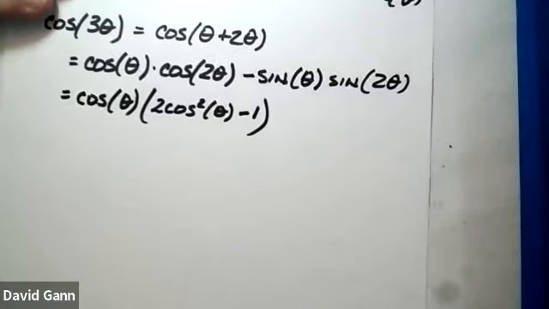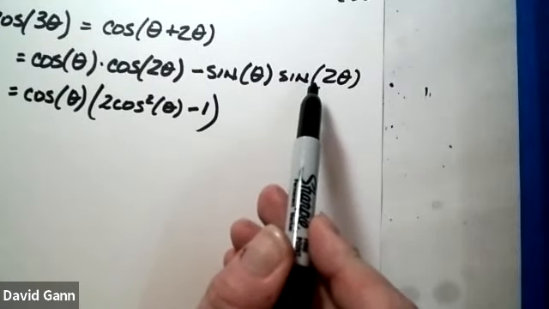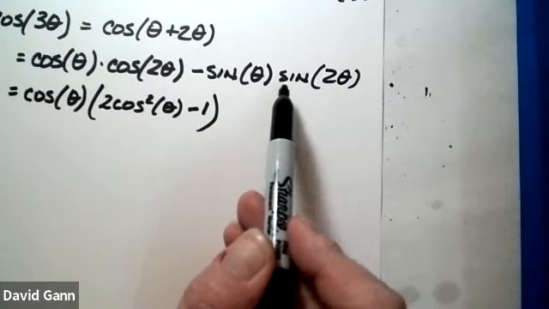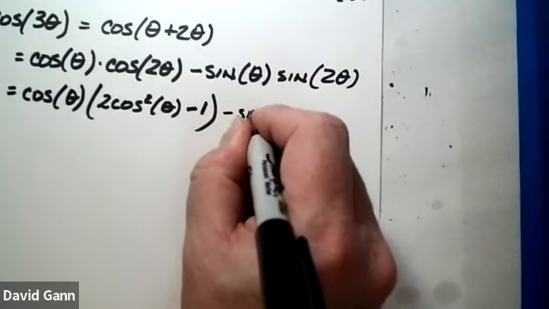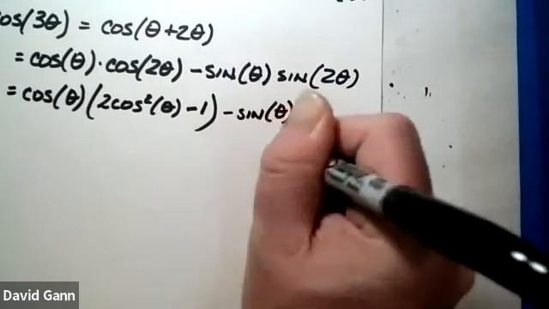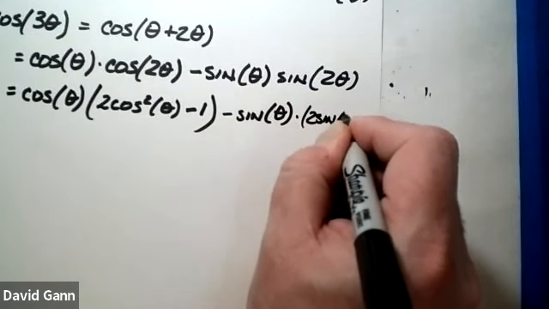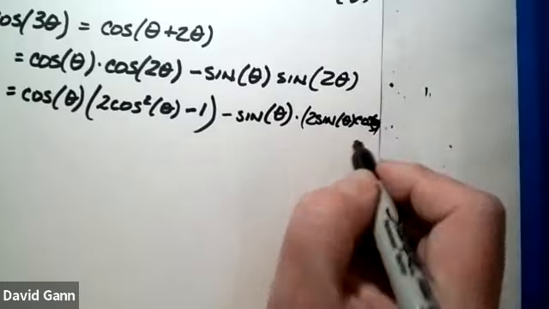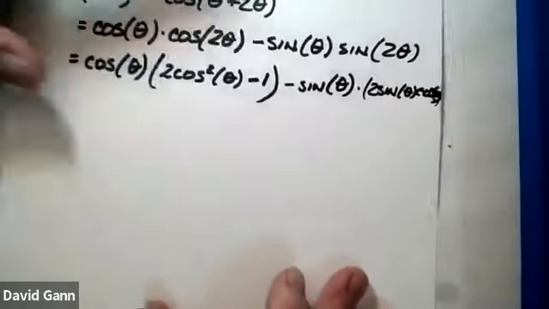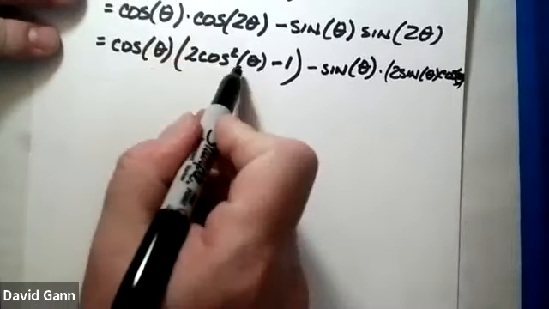Okay? And then this other term, we don't really have much choice since we've only got one real expression for sine of 2 theta. So this will be minus sine of theta times 2 sine of theta cosine of theta. Kind of ran out of space there. And now maybe just clean things up a little bit. So I have two terms here.